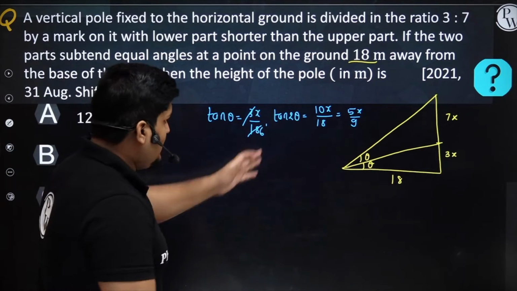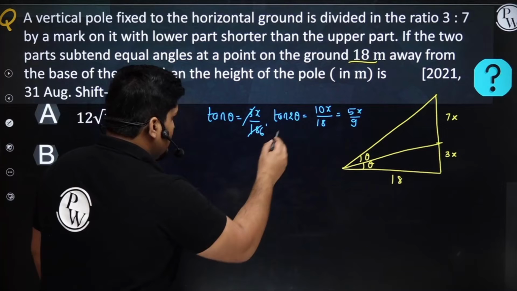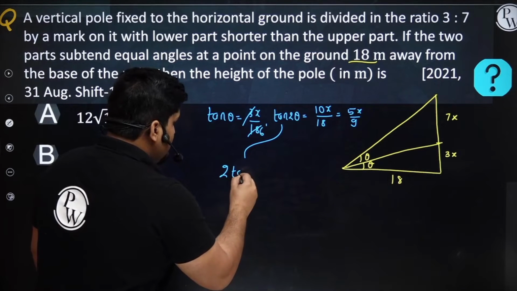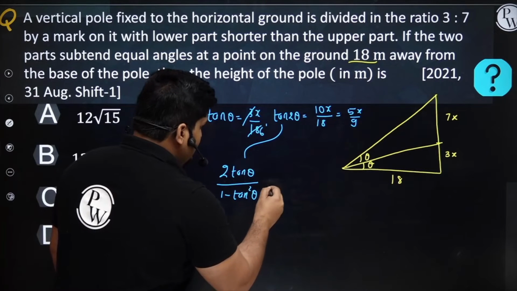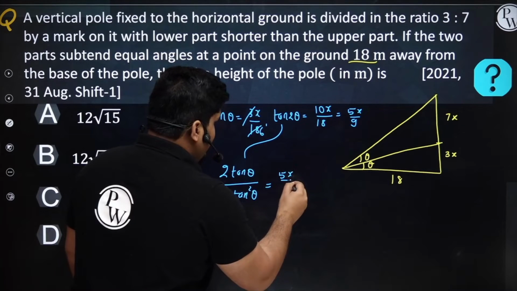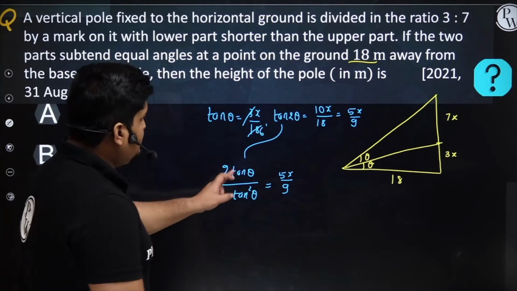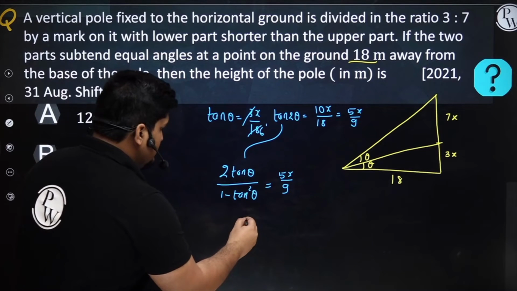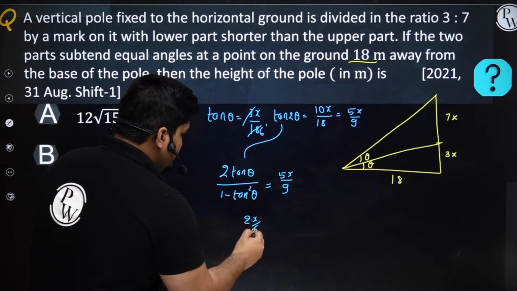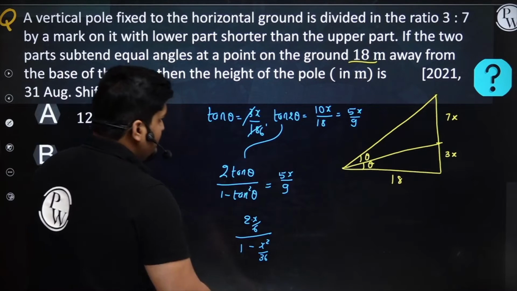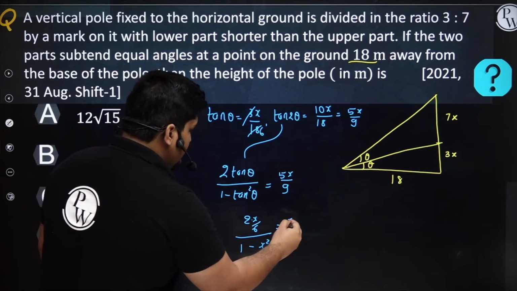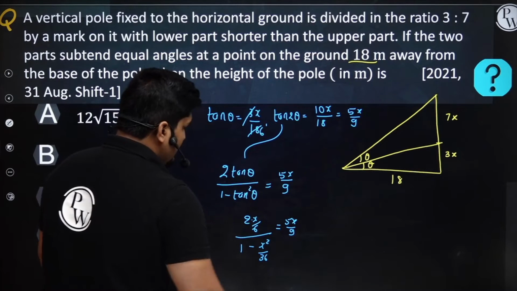And you see how easily we can relate tan 2 theta. Tan 2 theta will be 2 tan theta divided by 1 minus tan square theta. This is equal to 5x by 9. Tan theta is known, guys, it is x by 6. So twice of x by 6 divided by 1 minus x square divided by 36 is equal to 5x divided by 9.